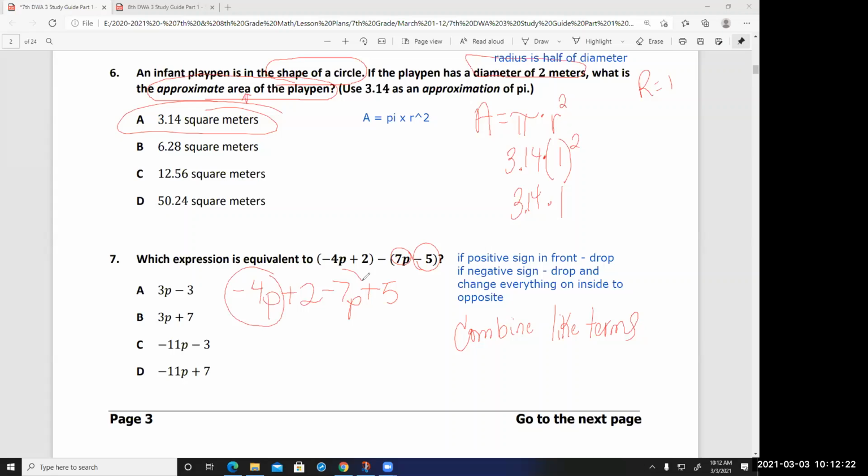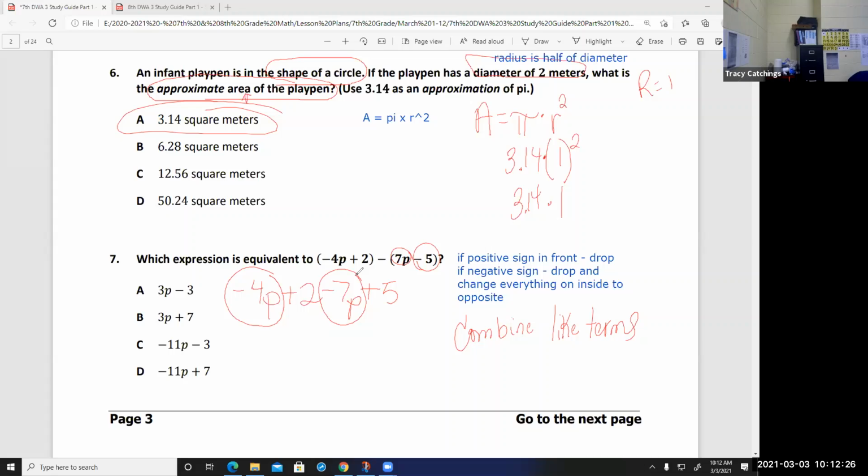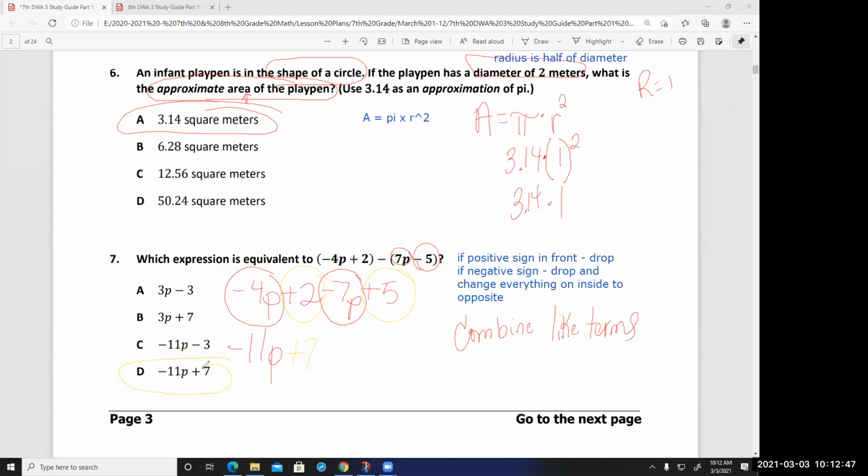They're negative. So what is negative 4p and negative 7p? Good job, negative 11p. Same sign, add, keep the sign. All right, any other like terms? Good job, 5 and 2 are considered like terms because they are both constants. 2 plus 5? 7 will be the correct answer. Good job.